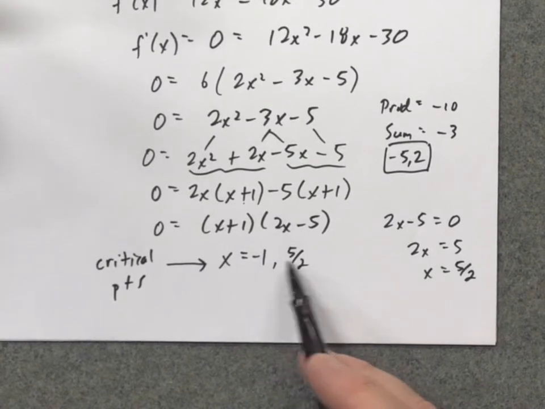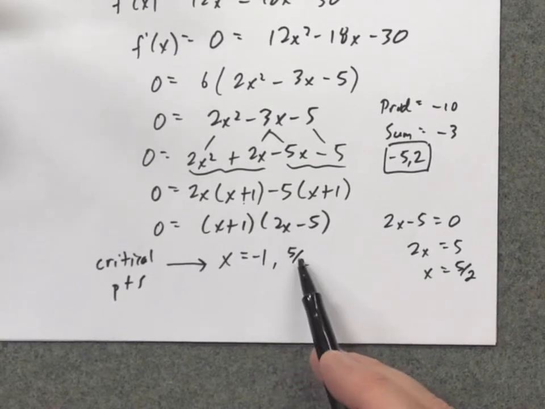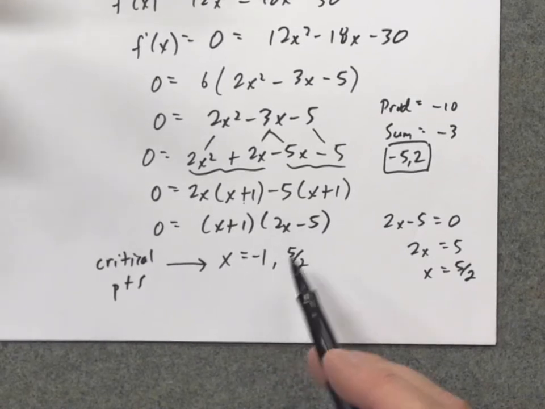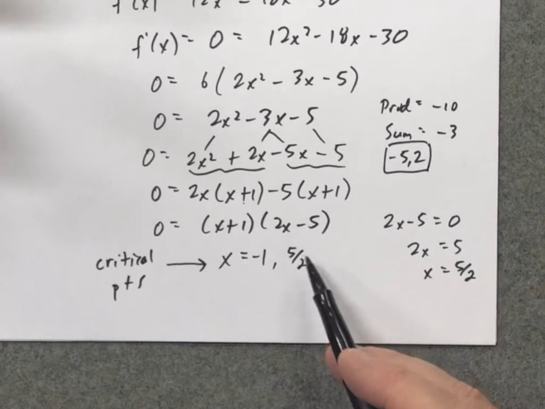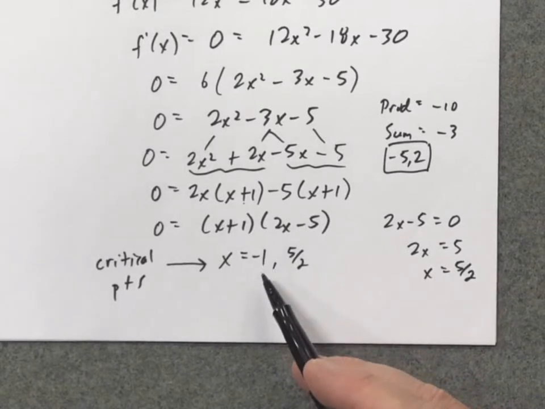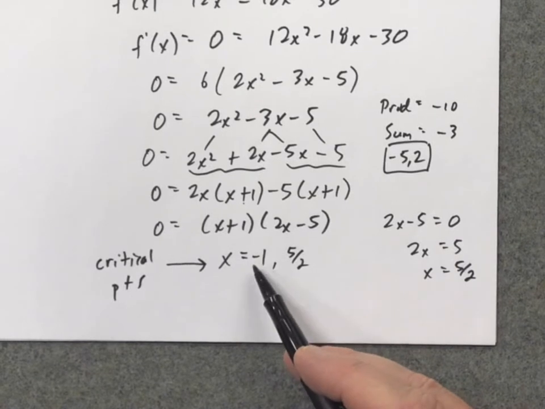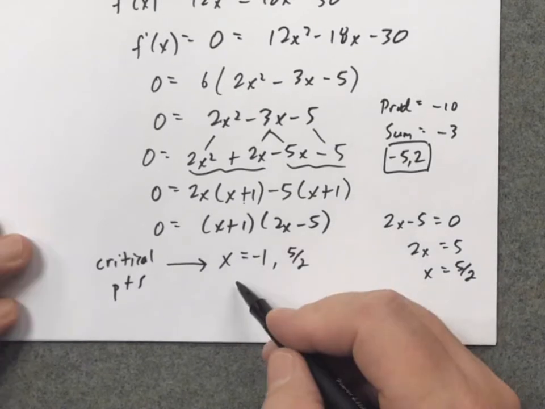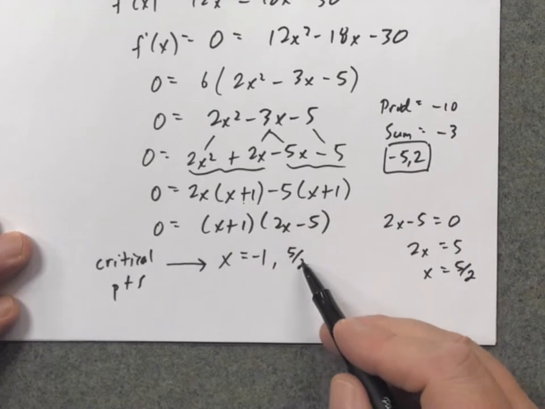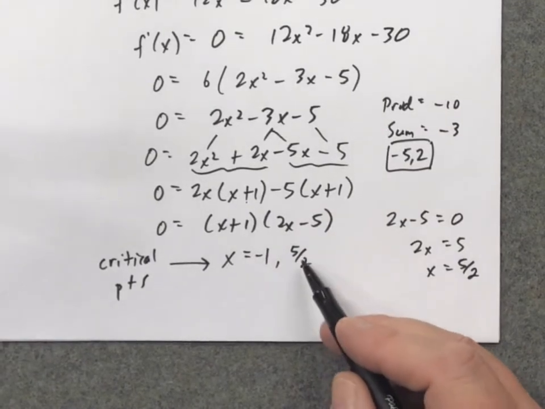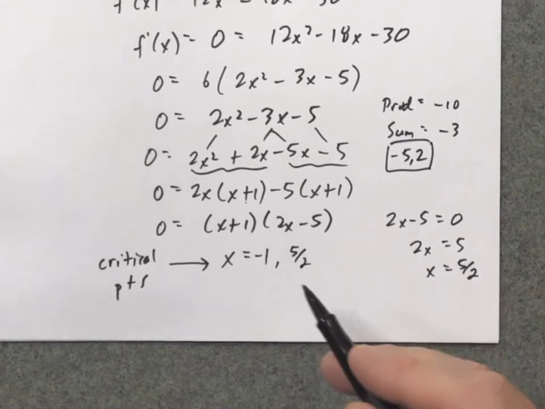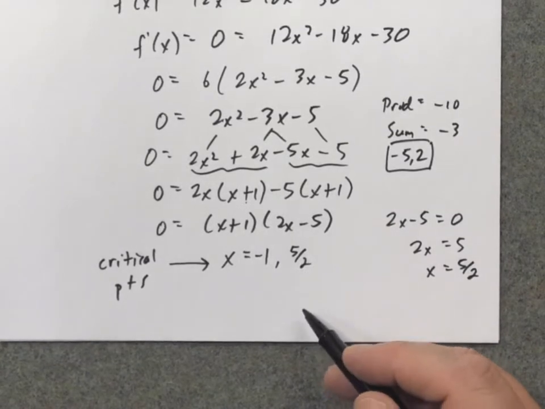I just know something is going on here, either a max or a min. I don't know what it is. So now the question is, okay, these are my critical points. So when x is negative 1, what's going on there? When x is negative 1, is my function a maximum or a minimum? When x goes to 5/2, which is the same thing as 2.5, what's going on there? Is it a maximum or minimum? I don't know. I need to determine it.